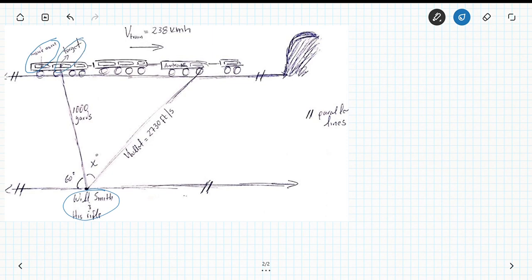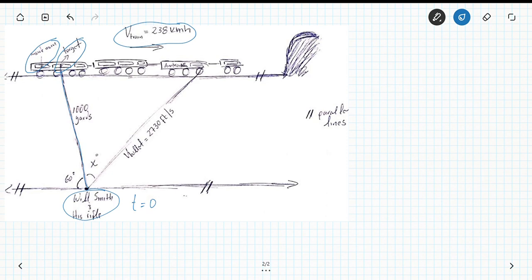The train is already moving at a speed of 238 kilometers per second, and he locates the target with the help of his friend at 11 o'clock at some time equals 0. So at time 0, he locates the target, which is going to be 1,000 yards away.